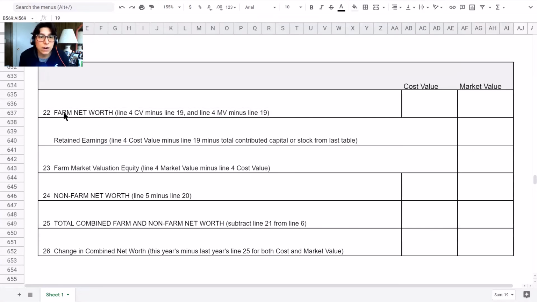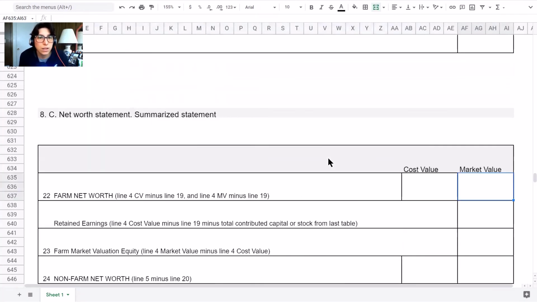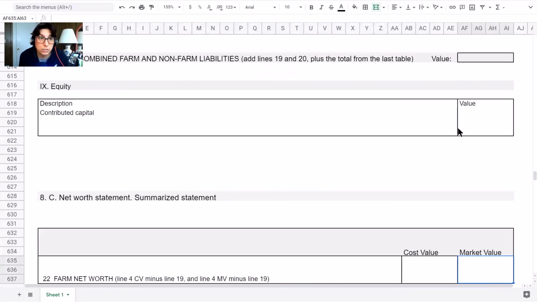So there you have your farm net worth, and you do that for both cost value and market value. Then you can calculate your retained earnings, which are line 4 assets, cost value, minus line 19, which are your total liabilities, minus total contributed capital from the last table that we discussed. Maybe you have none, maybe you have some.